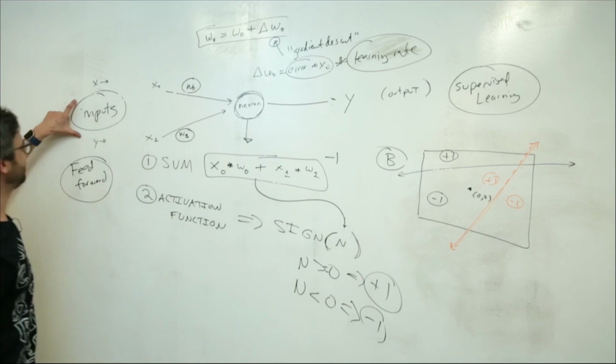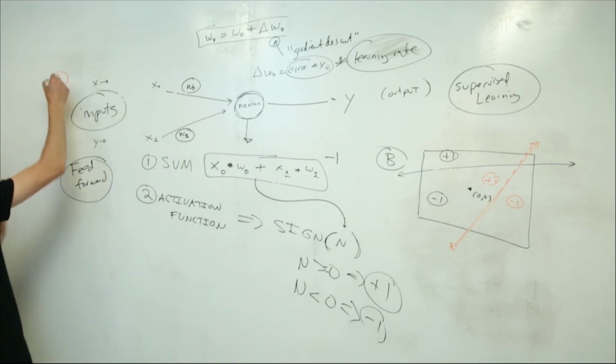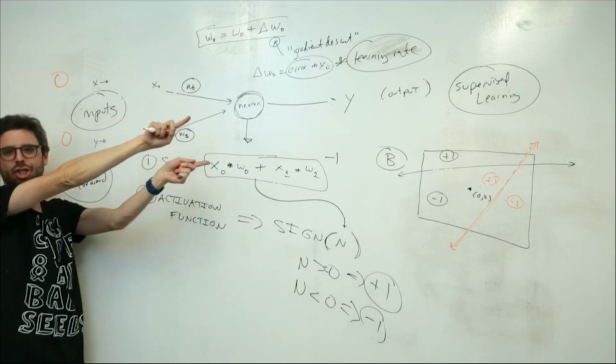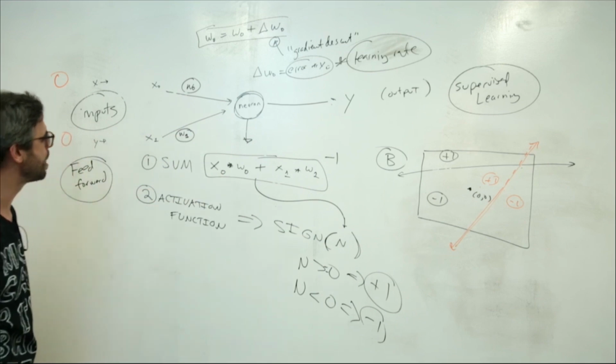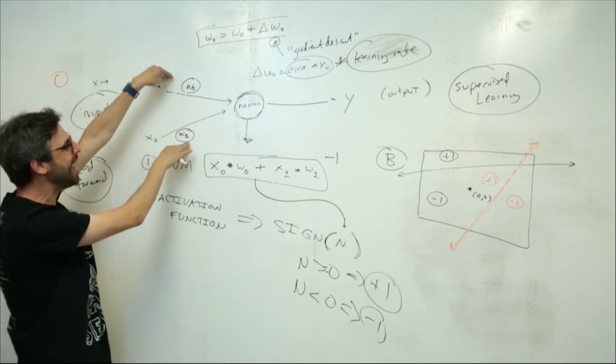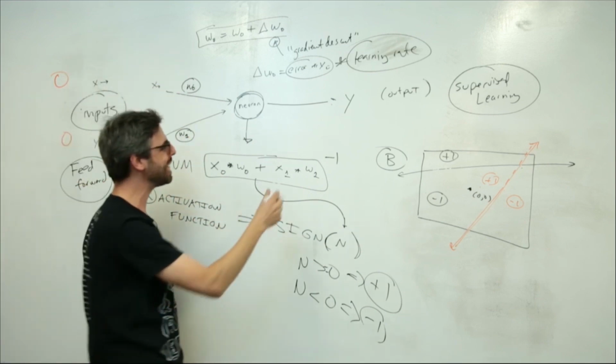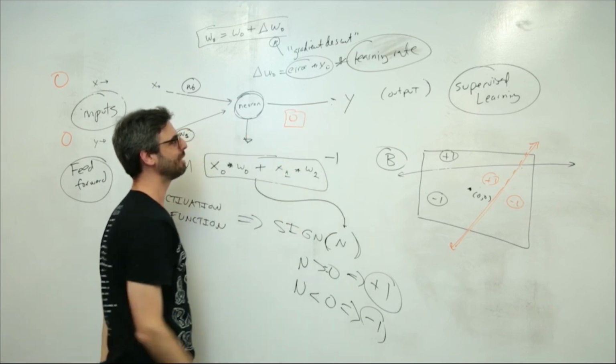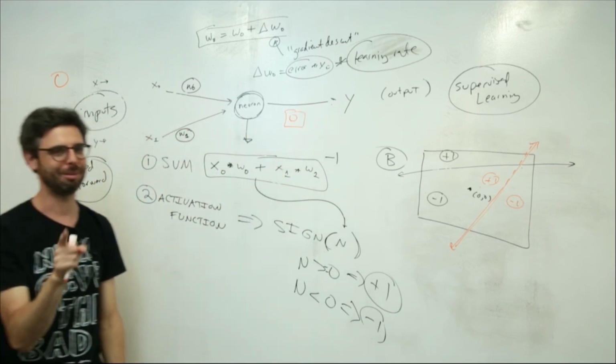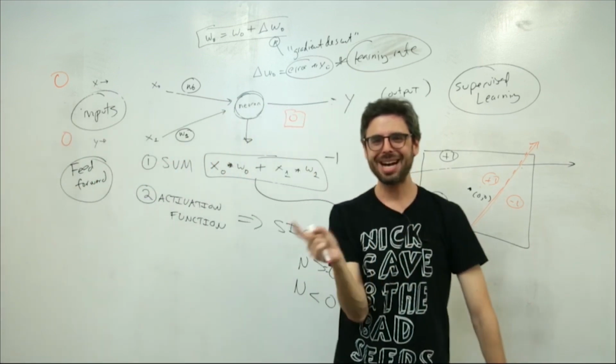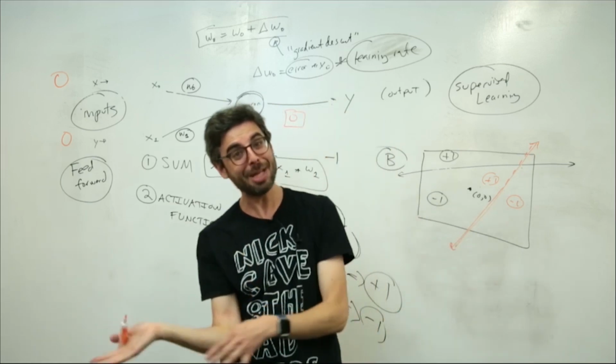But notice something here. If I'm feeding 0, 0 into this perceptron system, no matter what the weights are, the only thing I can ever get out of here is a 0. This is a problem, because sometimes 0, 0 is going to be above or below.